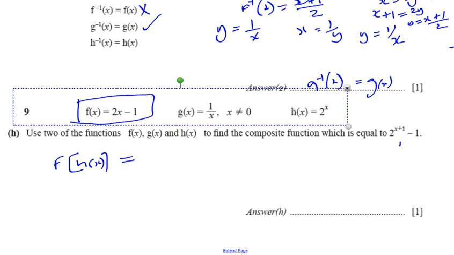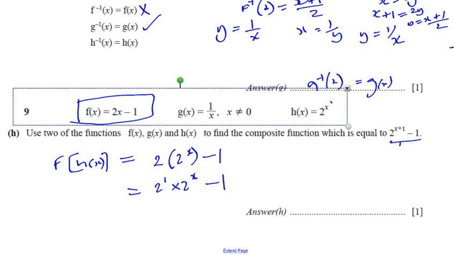Let's see what we get. We're going to have to replace the x in function f by 2 to the power of x. So you're going to have 2 times 2 to the power of x, and then minus 1. Now, you're thinking, how is that the same as this? Well, if you use your knowledge of indices, this is the same as 2 to the power of 1 times 2 to the power of x, minus 1.